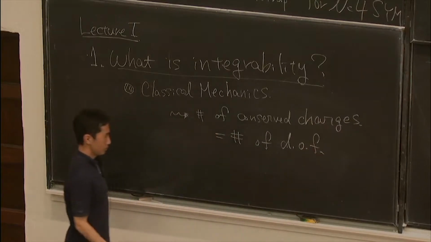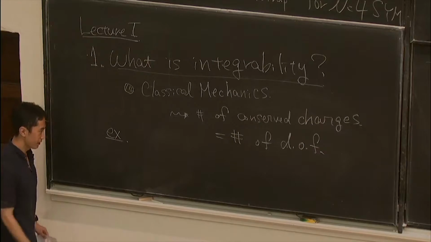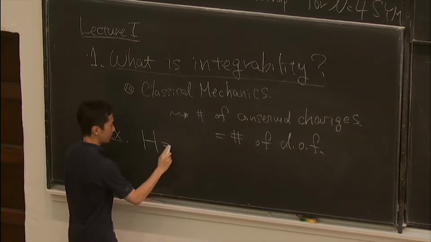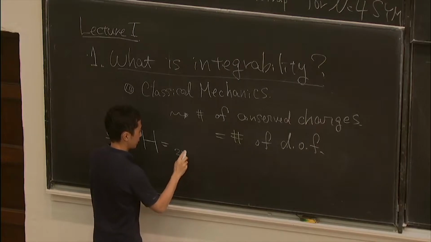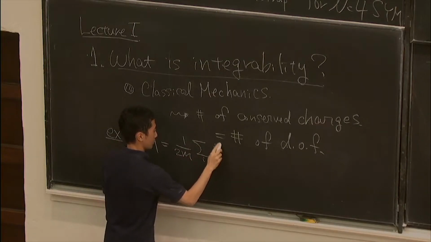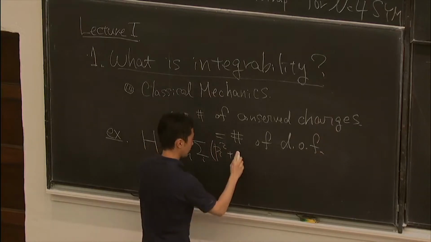For example, one example of integrable classical mechanics is, as you know, the multidimensional harmonic oscillator whose Hamiltonian is given by something like this, with m omega squared.